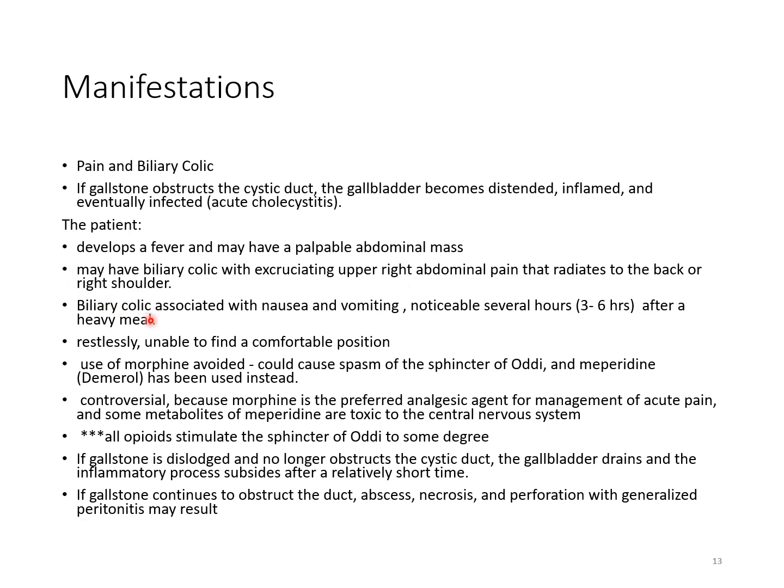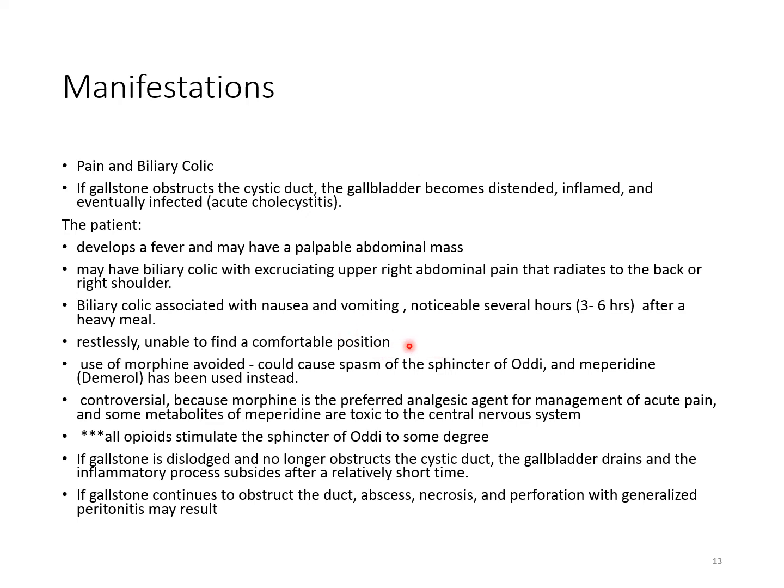This biliary colic is associated with nausea and vomiting, and apparently it happens 3 to 6 hours after a heavy meal. The patient becomes very restless and is unable to find a comfortable position.